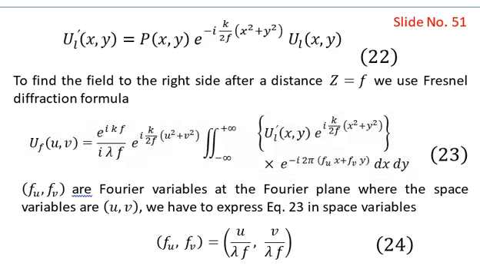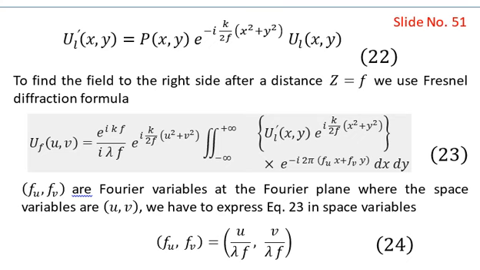UF is the field at the Fourier plane, where the space coordinates are u, v. We have the phase factors that appear in the Fresnel diffraction formula, and the double integral, where UL prime of x, y is the field just after the lens, multiplied by the quadratic phase factor.